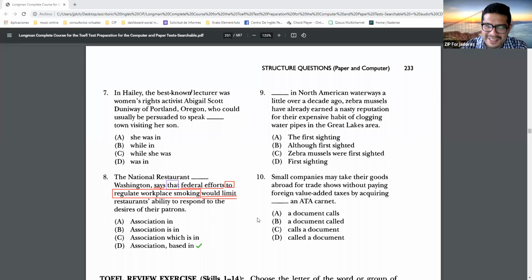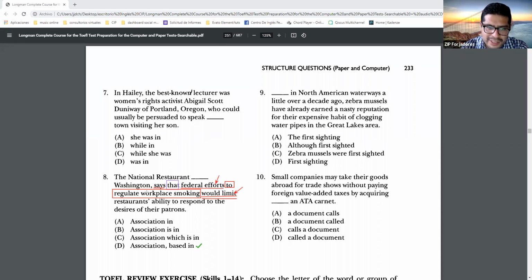So imagine that it doesn't exist. Remember, if you see "that," it means that it's a connector, and then you have to find the subject and the verb.